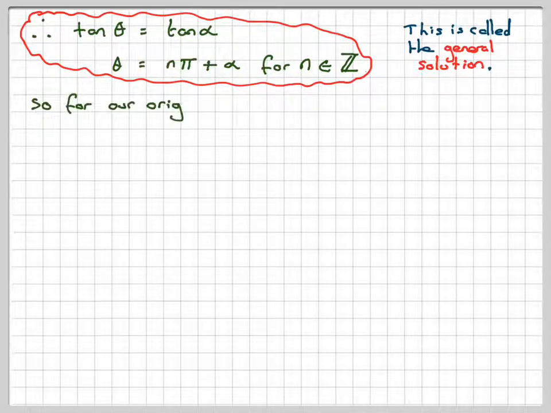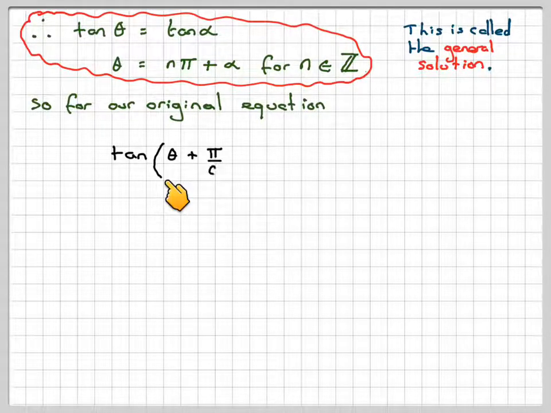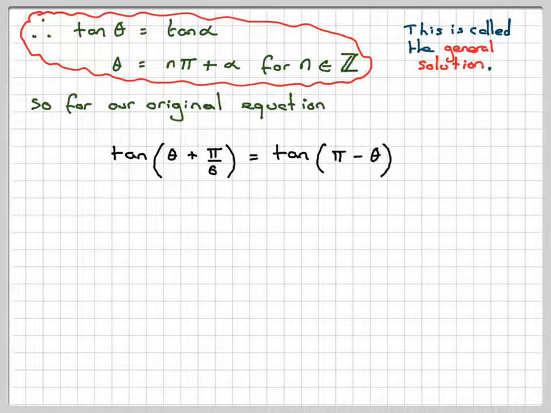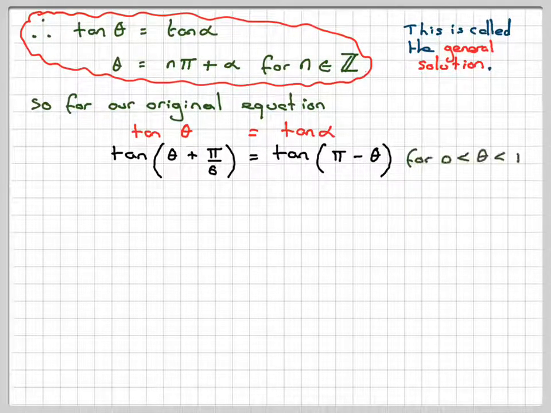So for our original equation, we had tan(theta + pi/6) = tan(pi - theta). So we've got here tan theta = tan alpha. What we're going to do is say theta is equal to theta + pi/6, and alpha is equal to pi - theta. And we were solving this between 0 and pi.